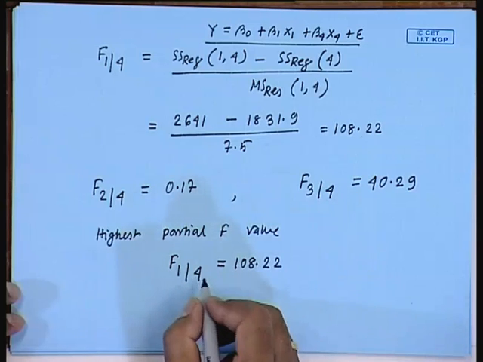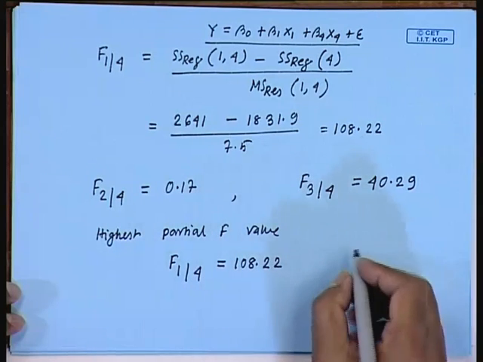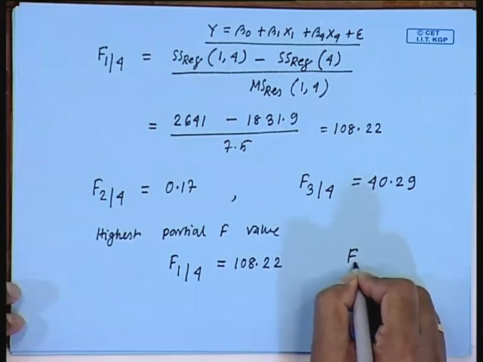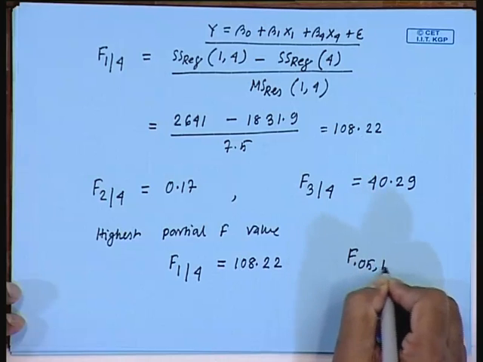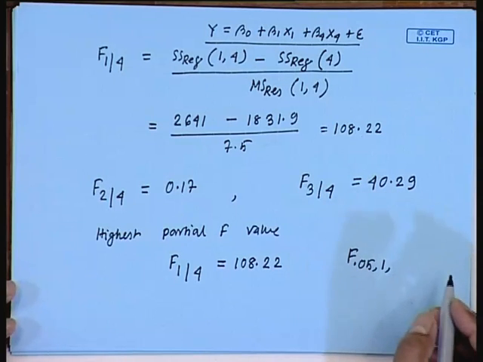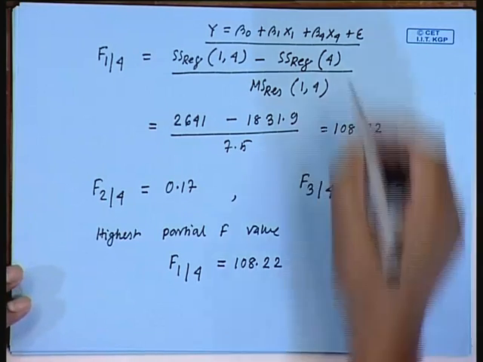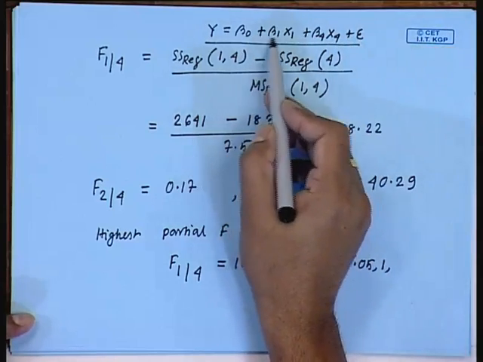And now you check the tabulated value F 0.05, 1 and the residual degree of freedom here. Now you have 3 unknowns in the model.